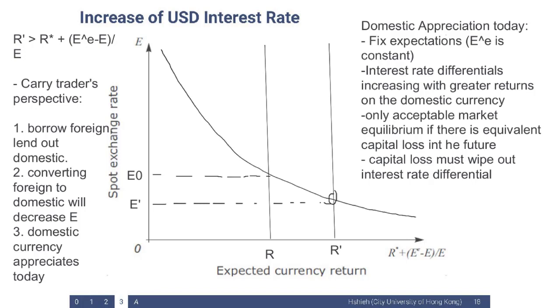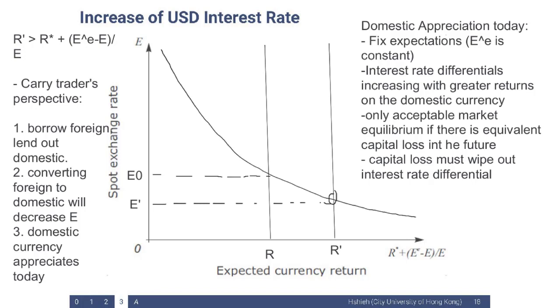So in this case, you have R increasing relative to R star. So the return E hat E minus E over E must also enlarge as well. If our expectations are anchored, then the only moving parameter we have is E, the spot rate.